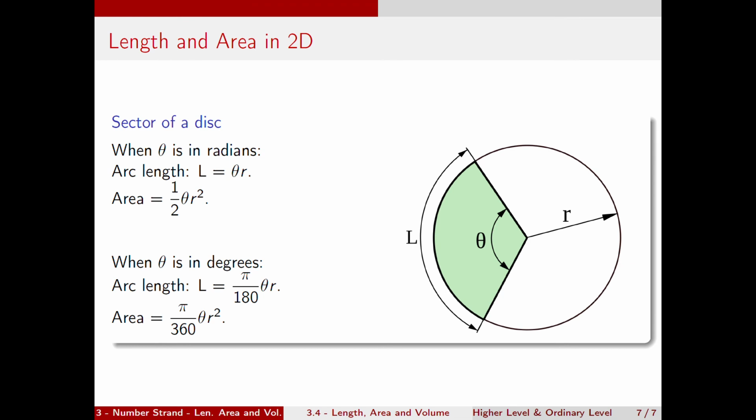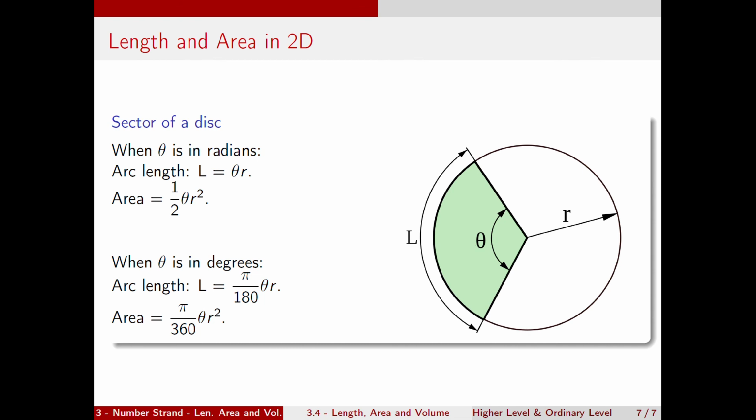We then have that the arc length L is equal to theta times r, theta being the angle of the sector measured in radians, r being the radius of the circle. The area of this green shaded region, this sector, is equal to a half times theta times r squared.